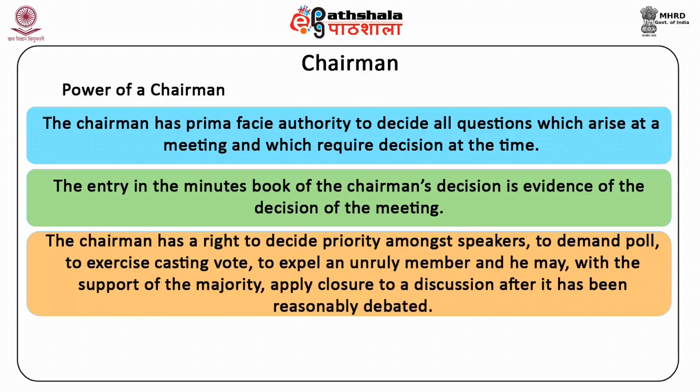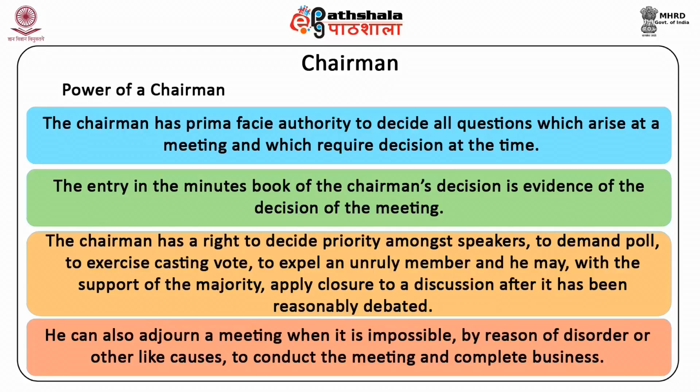Third, the chairman has a right to decide priority among speakers, to demand a poll, to exercise a casting vote, to expel an unruly member, and he may, with the support of the majority, apply closure to a discussion after it has been reasonably debated. Fourth, he can also adjourn a meeting when it is impossible by reason of disorder or other like causes to conduct the meeting and complete business.